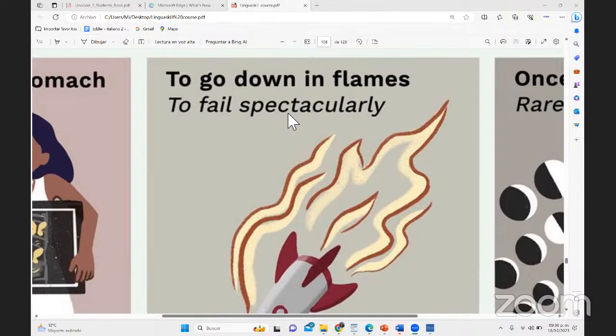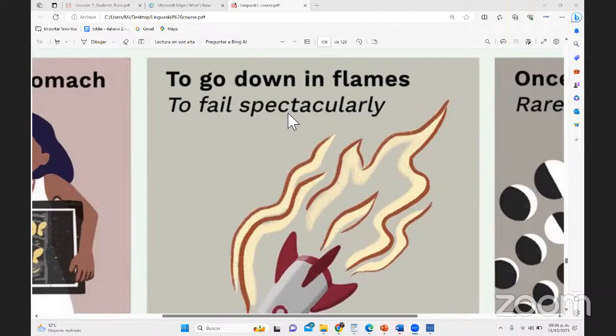When you feel sad about a situation that doesn't meet your expectations, disappointed maybe. Yes, it's like the disappointment feeling. You say that it goes down in flames when something is catastrophic and doesn't work.